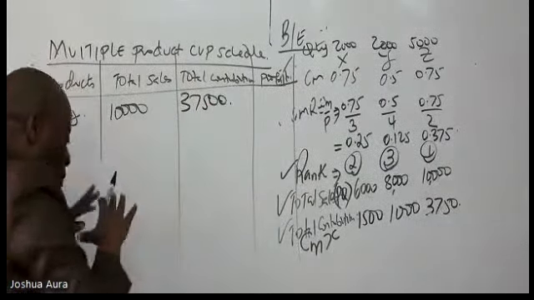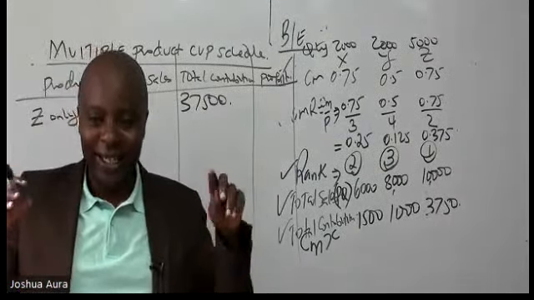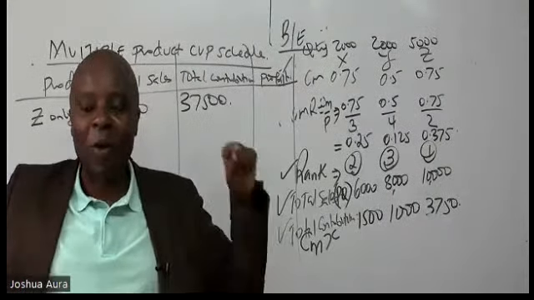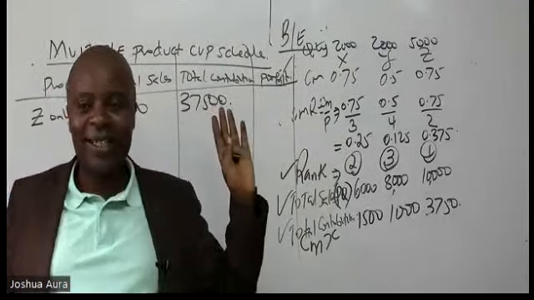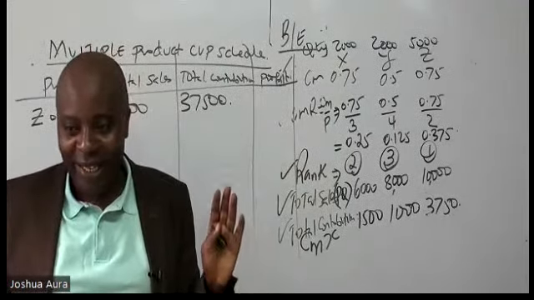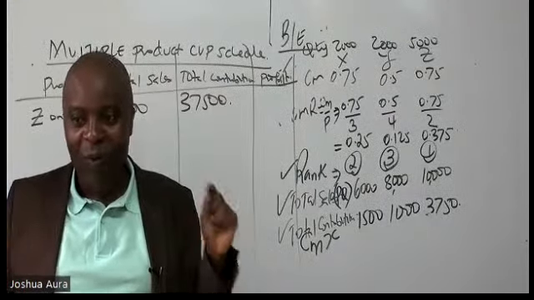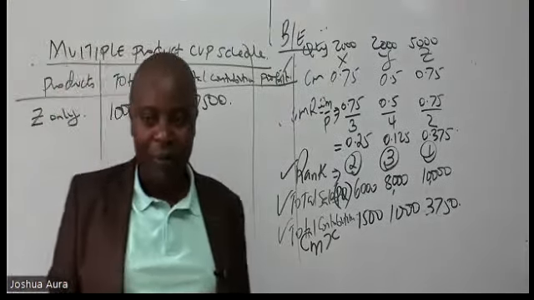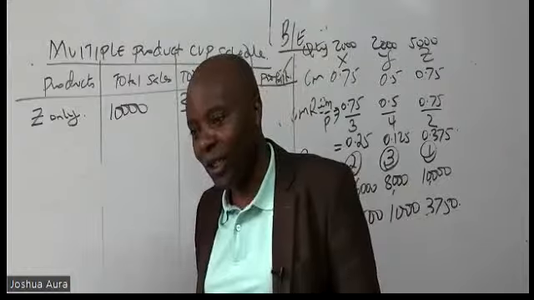Now, if you're going to produce just Z only, who can tell me the profit that I'm going to generate given these metrics? If you're producing Z only, how much profit shall we post as an organization?